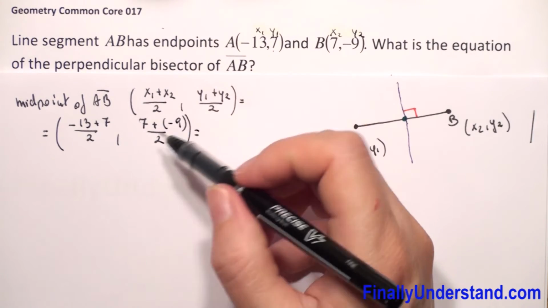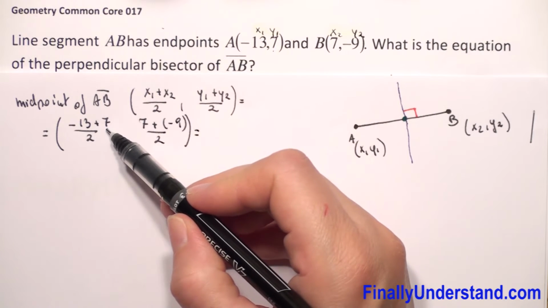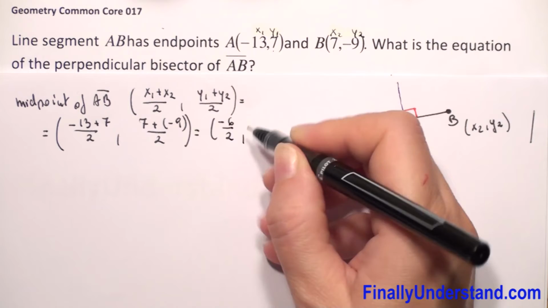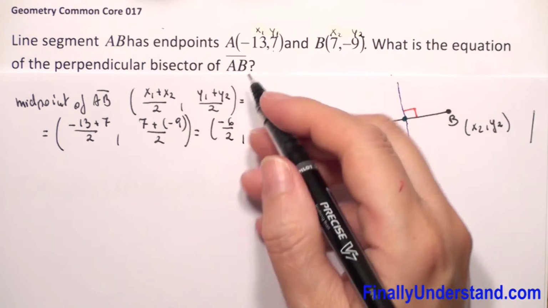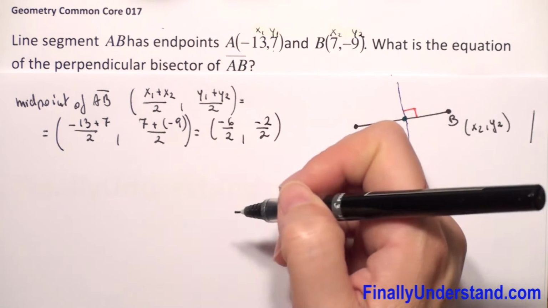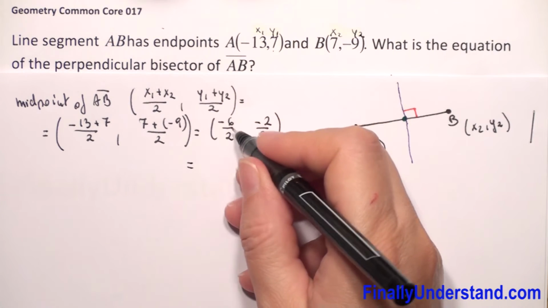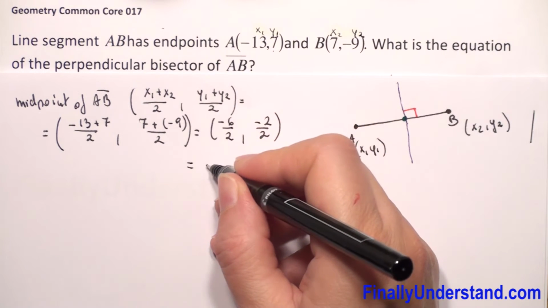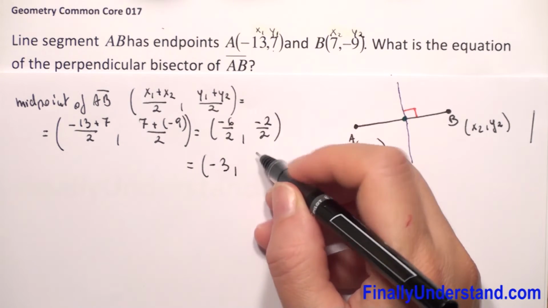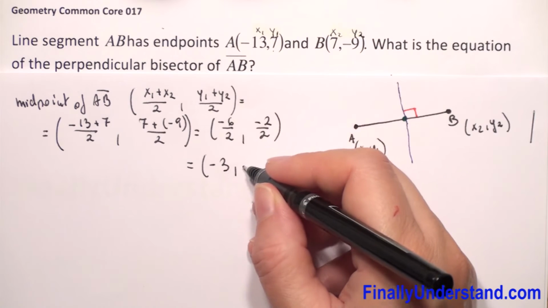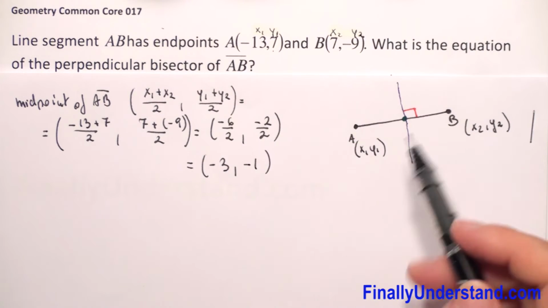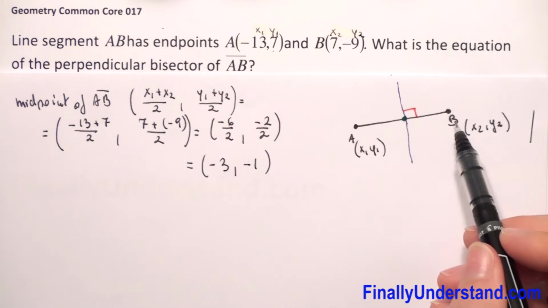So this is equal -13 plus 7, so this is -6 over 2, and 7 plus -9, so this is -2 over 2. So this is equal, 6 divided by 2 is 3, so we have -3, and 2 divided by 2 is 1, so we have -1. We have the coordinates of the midpoint of segment AB.